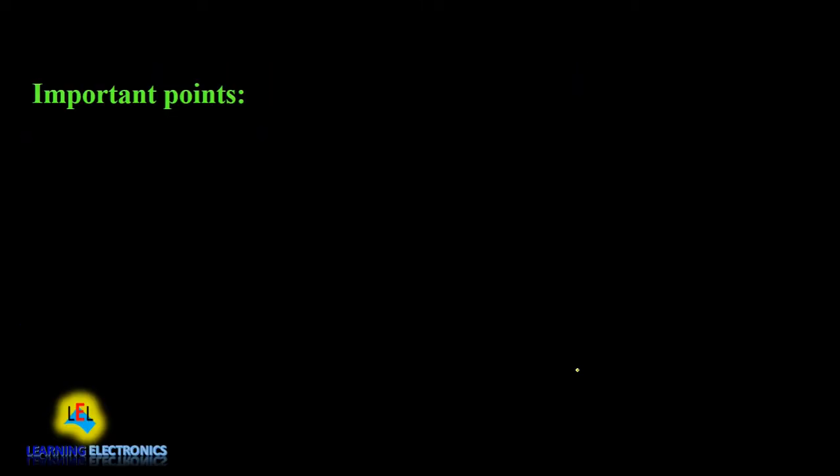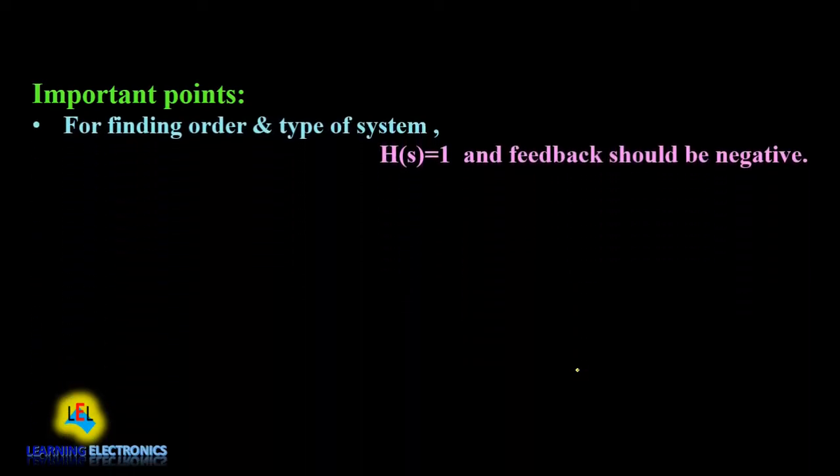Now let us see some important points related to type and order of system. When we want to find the type and order of system, the feedback path transfer function H(s) will be equal to 1, and the feedback should be negative feedback. So the system should be a negative feedback system for finding the order and type.